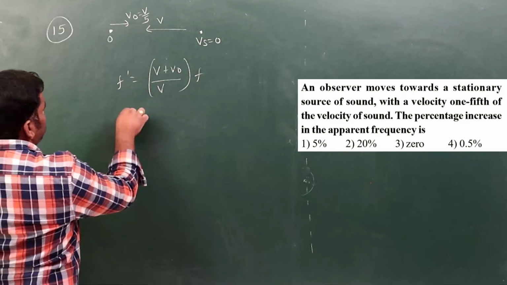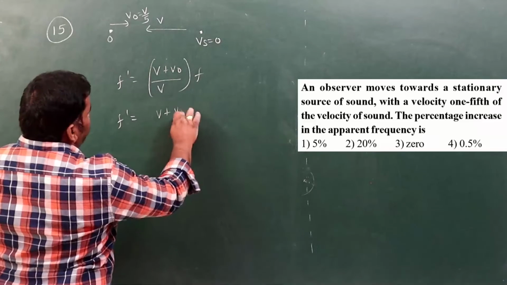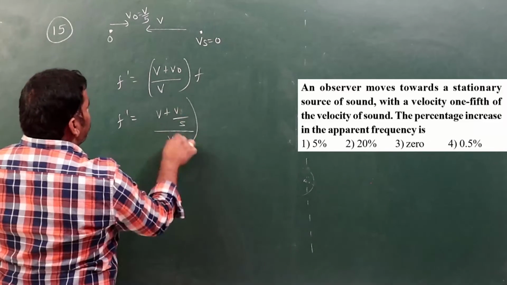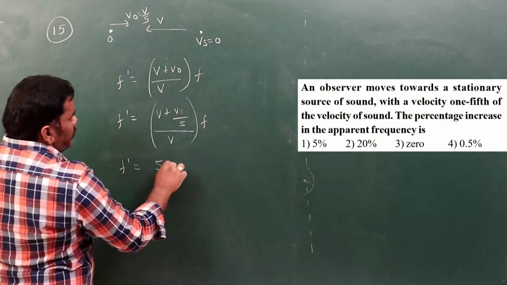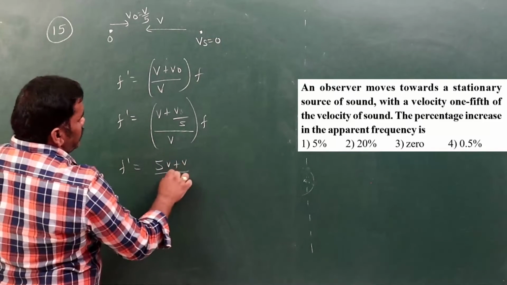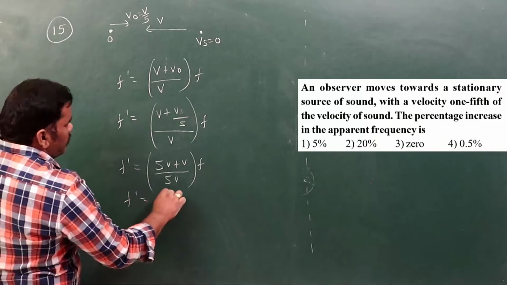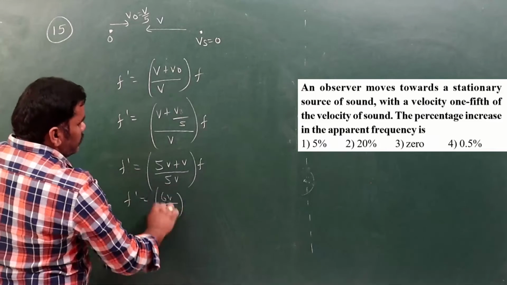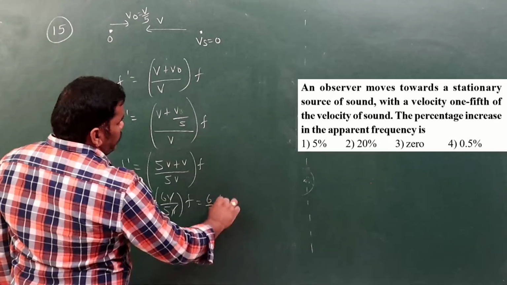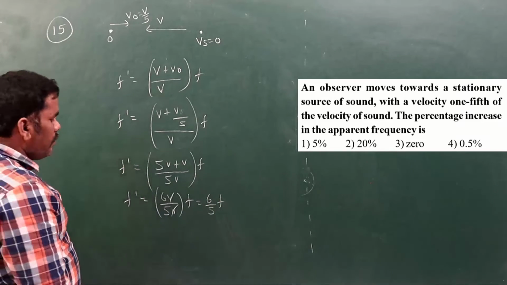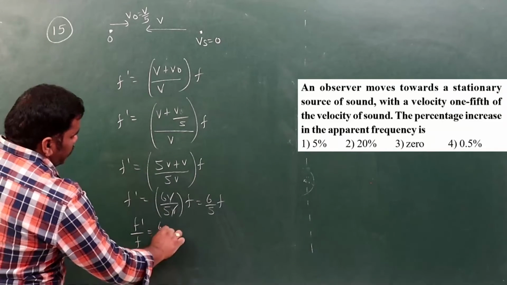So f dash is equal to (V plus V by 5) divided by V into F. Taking the LCM, f dash is equal to (5V plus V) by 5V into F, which is 6V by 5V into F. V gets cancelled, so f dash is equal to 6 by 5 F. So f dash by F is equal to 6 by 5.